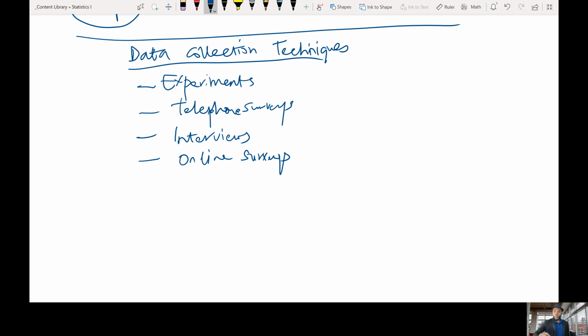Okay, what is an experiment? An experiment is a process that produces a single outcome whose results cannot be predicted with certainty.